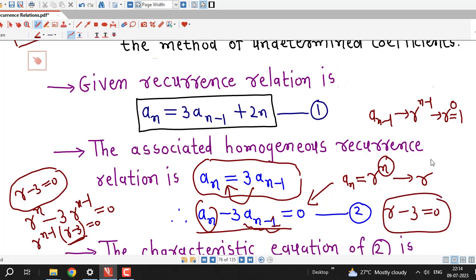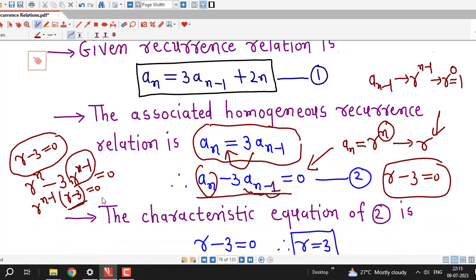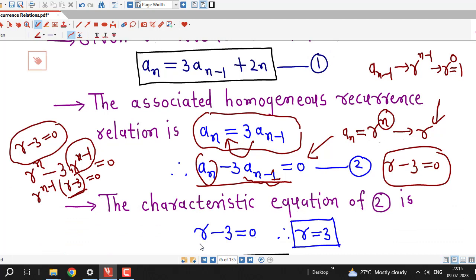And if you are not comfortable in this way, then you can put an equal to r raised to n, an minus 1 equal to r raised to n minus 1, and then take the lowest degree term common or divide by lowest degree term, and you will obtain the characteristic equation. So the characteristic equation is r minus 3 equal to 0. Therefore r equal to 3.